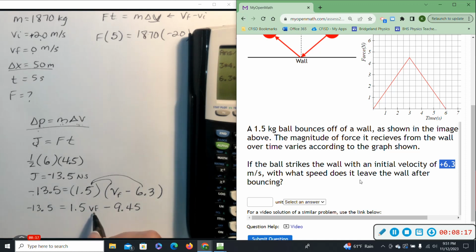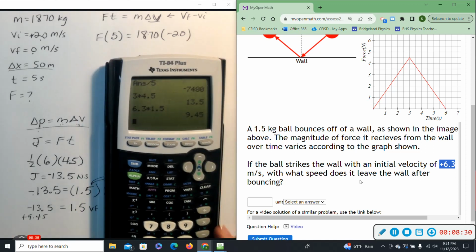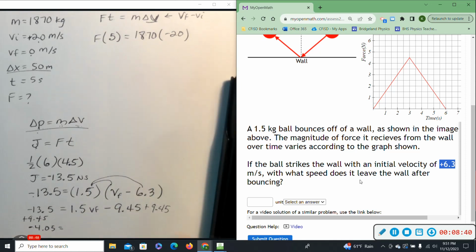Again, I'm trying to solve for this final velocity. I'm going to add 9.45 to both sides to cancel it over here. And over here I have 9.45 plus negative 13.5, and I get negative 4.05 equals 1.5 VF.